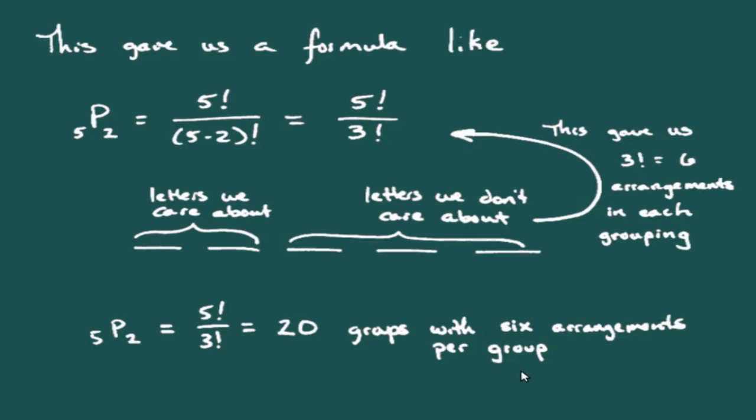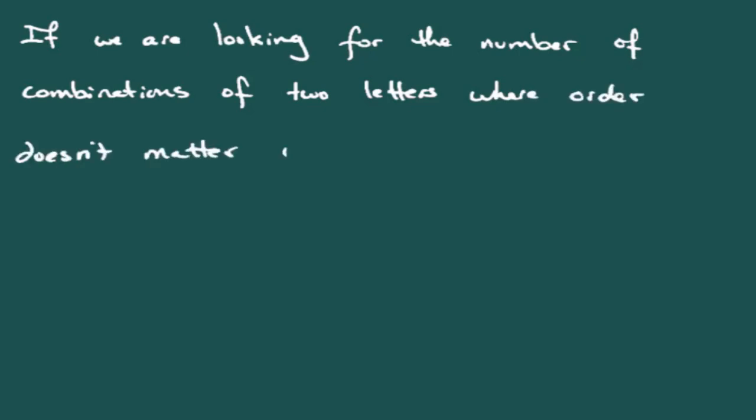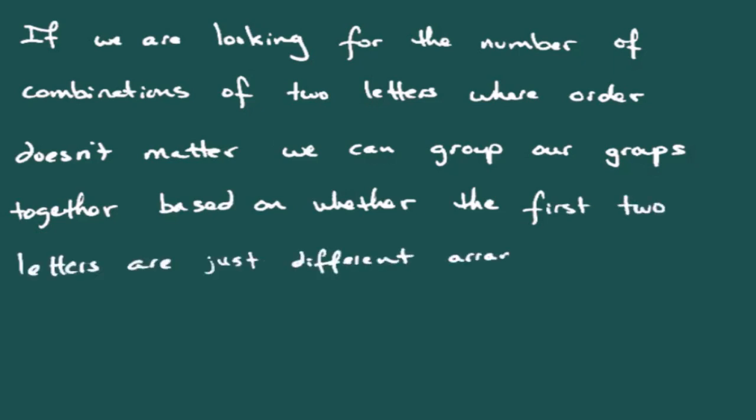Now, taking that one step further, if we're looking for the number of combinations, so the number of 2 letters from 5 where order doesn't matter, then we can think of grouping our groups together based on whether or not the first 2 letters are just different rearrangements of exactly the same letters. So we took all of our possible arrangements, put them into groups based on whether or not the first 2 letters were exactly the same, and now we're going to take those groups and put them into larger groups based on whether the first 2 letters are just rearrangements of the same 2 letters.